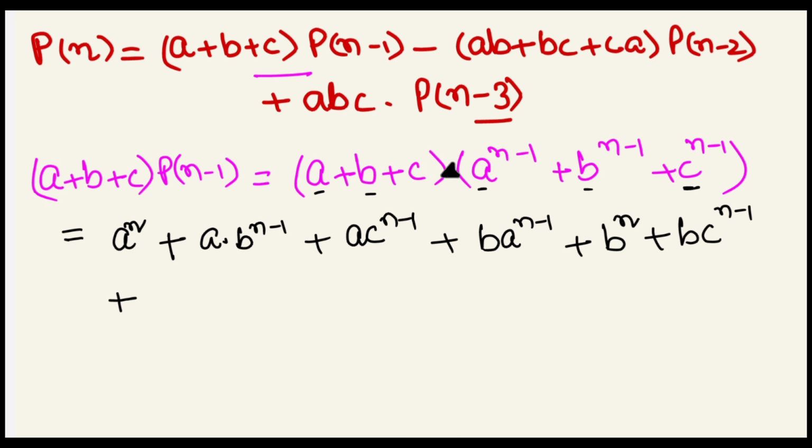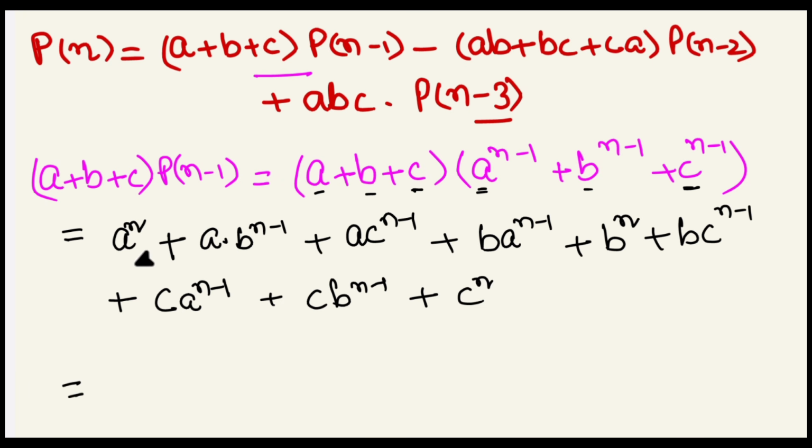Similarly, this c will be multiplied with a to the power n minus 1. We will get this, plus this c multiplied with b to the power n minus 1. And finally, this c multiplied with c to the power n minus 1. This will give c to the power n.